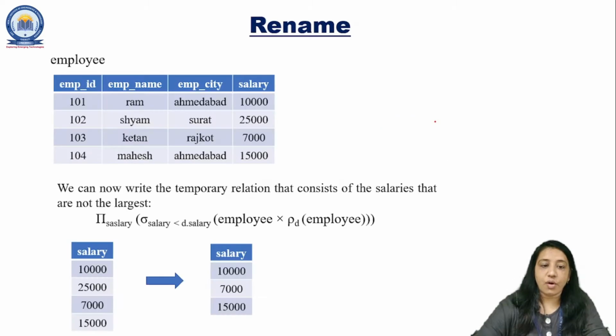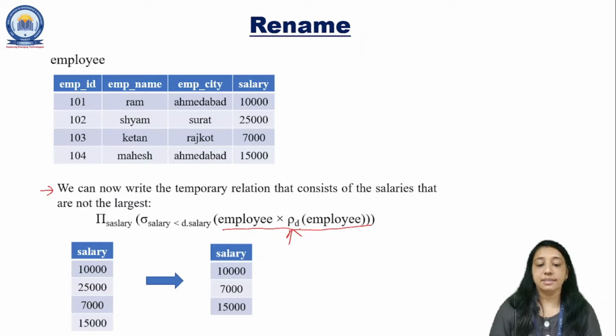For that, the first step is to write a temporary relation that consists of the salaries that are not the largest. For that we first do the Cartesian product with itself. You can see that here I have used rename, rho with d as a subscript.